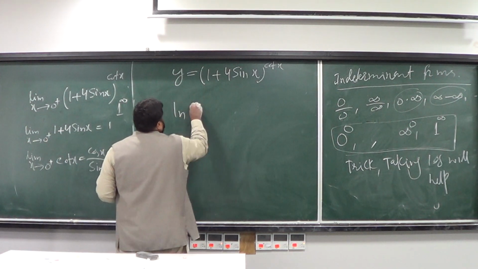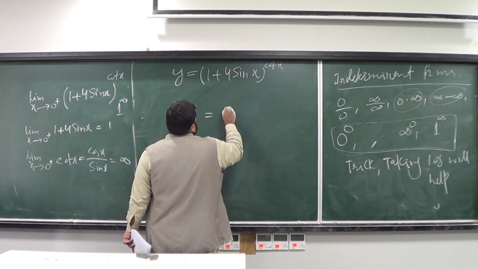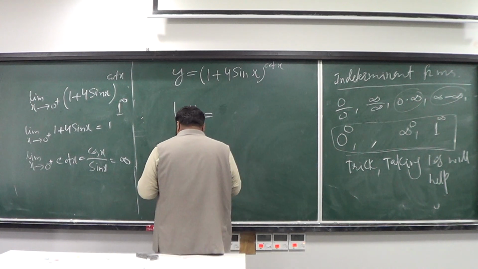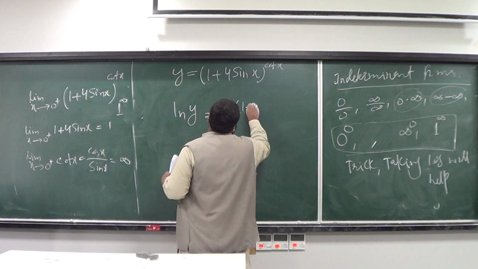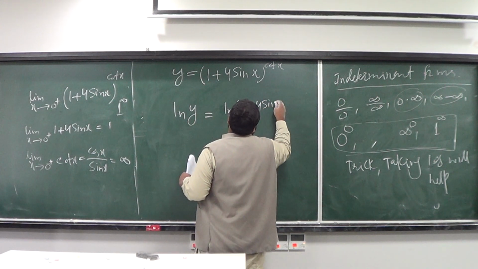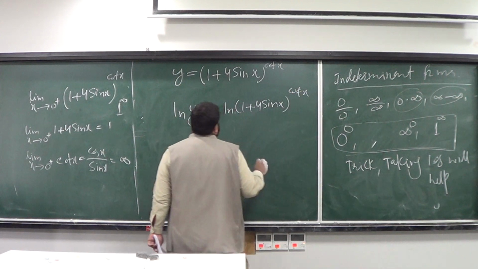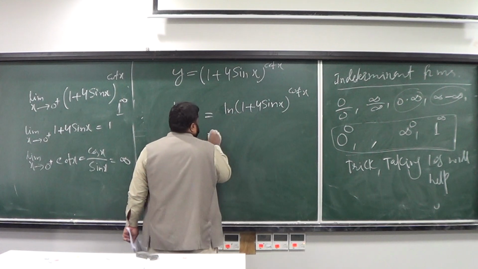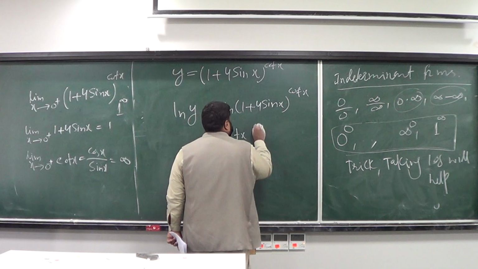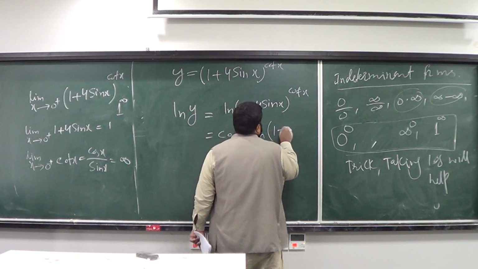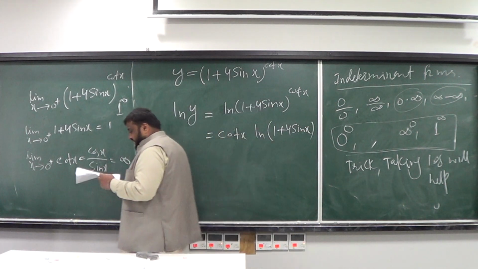So if I take log y, you're going to get log of (1 plus 4 sine x) power cot x. But we can bring this power out as a constant, so cot x times log of 1 plus 4 sine x. This is what you're going to get.